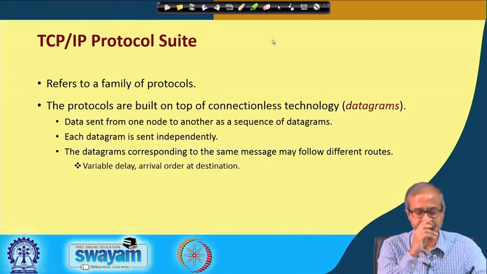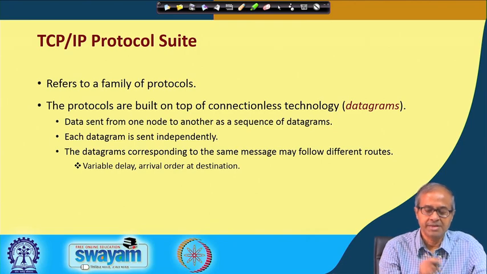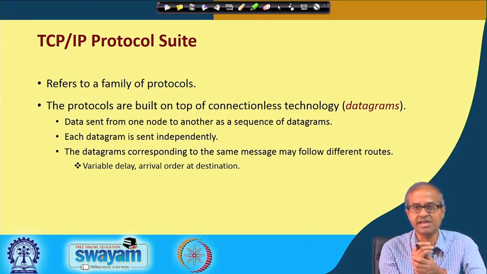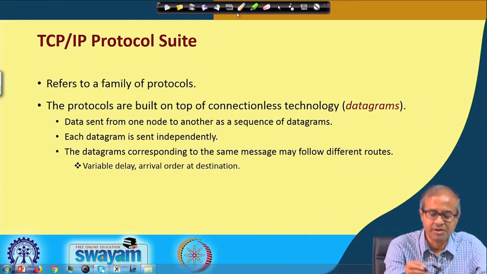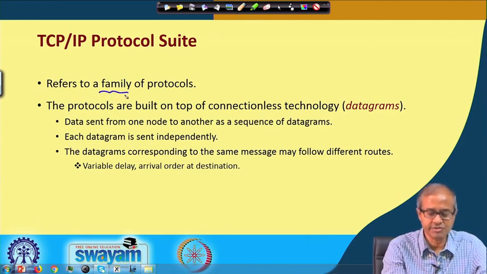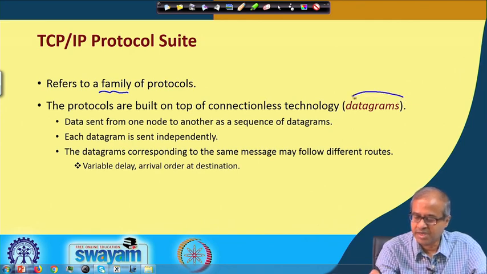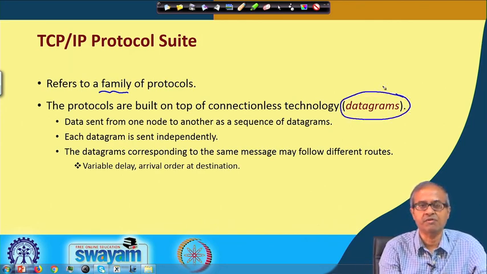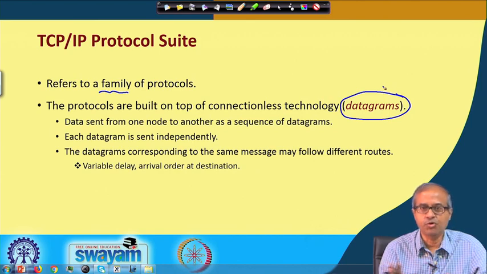Now, talking about the TCP/IP protocol suite. The TCP/IP protocol suite is not a single protocol, but rather it is a family of protocols, a collection of protocols. That is why it is called a family of protocols, and these protocols are all based on the datagram mode of data communication. They do not rely on virtual circuits, they rely on datagrams. So, all these things we have already discussed earlier.